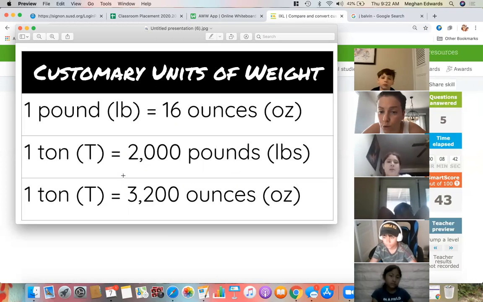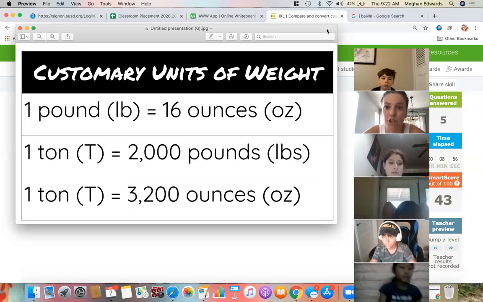Based on the chart, how many pounds are in a ton? Malia? 2,000, perfect. So there are 2,000 pounds in 1 ton.